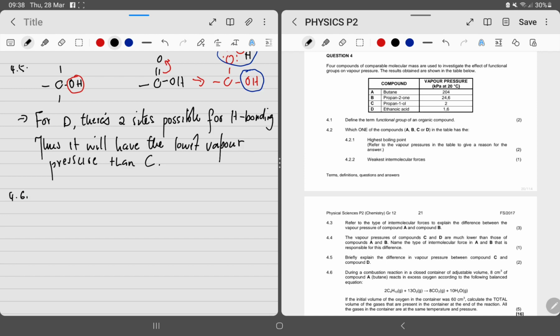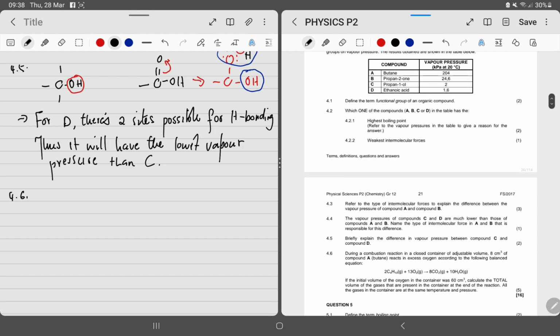6. During a combustion reaction in an enclosed container of adjustable volume, 8 cubic centimeters of compound A reacts in excess oxygen according to the following balanced equation. So we have a combustion of an alkane.